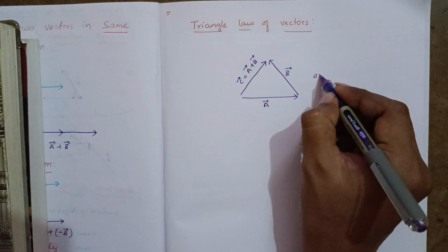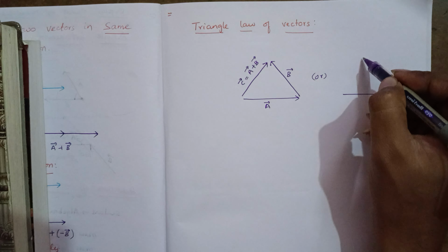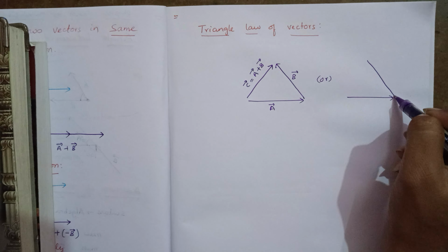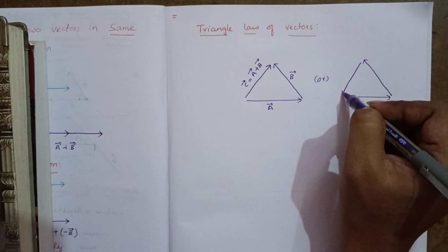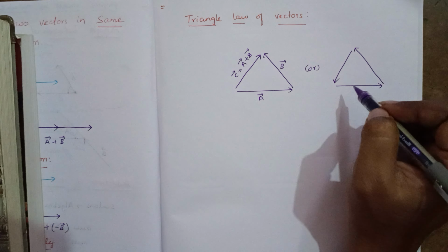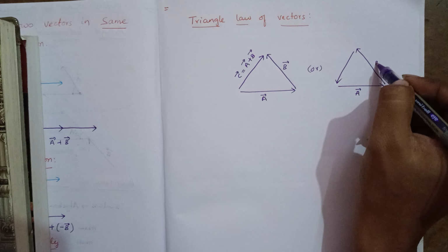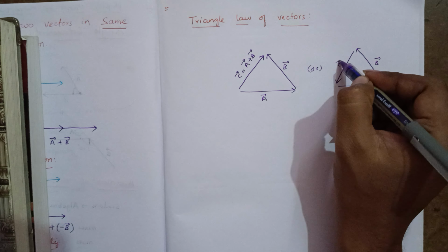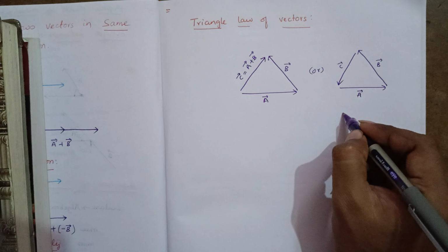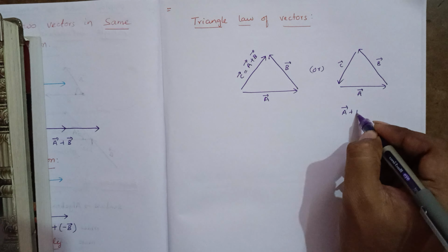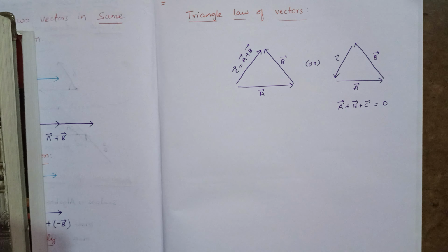Or if three vectors A bar, B bar, C bar represent a triangle in an order, now we can write A bar plus B bar plus C bar equal to 0.